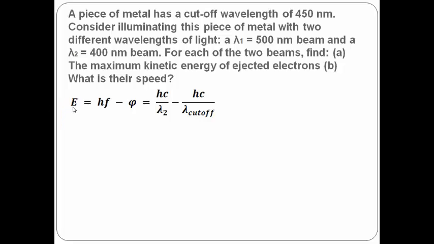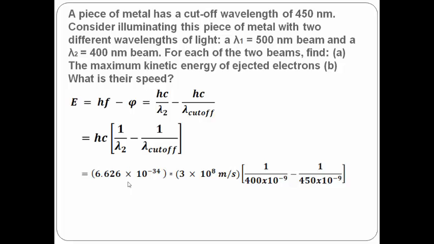So we use the rule. Kinetic energy is hf minus phi. So it is hc by lambda 2 minus hc by lambda cutoff. Take out hc common. Substitute the values for h, the speed of light in vacuum, and our wavelengths in nanometers converted to meters. Simplifying this, we get the energy as 5.21 times 10 to the power negative 20 joule.